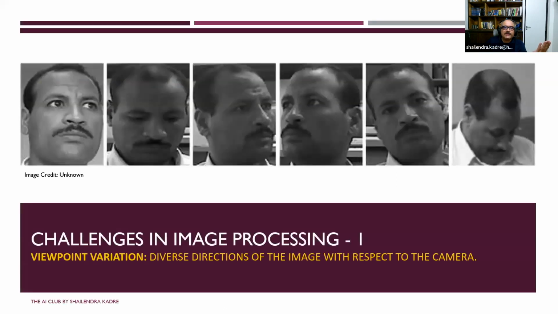The very first challenge is this. This is a person's photo I have shown, the same person, but you see the viewing angle. One is straight, then looking down, then looking sideways. So the viewing angle is different. Say you are given an image of Mr. Modi or any big shot, and your CNN network has to recognize whose image this is.